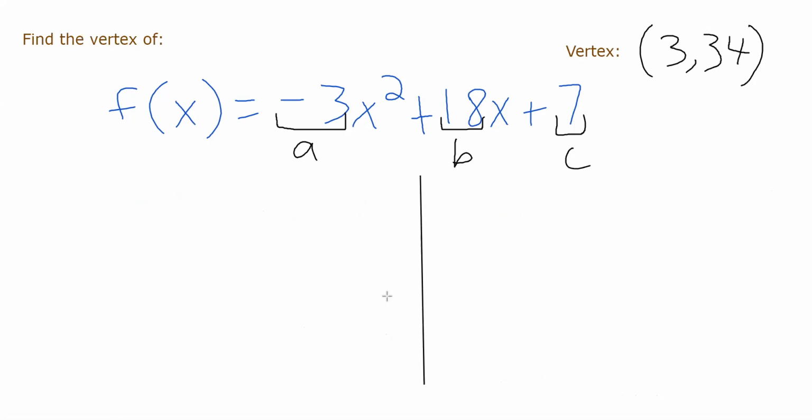All right. I don't know, something like that. So because a is a negative number, negative 3, this is going to be a frowning parabola. It's going to have a vertex of 3, 34. So I'll put that maybe right here.